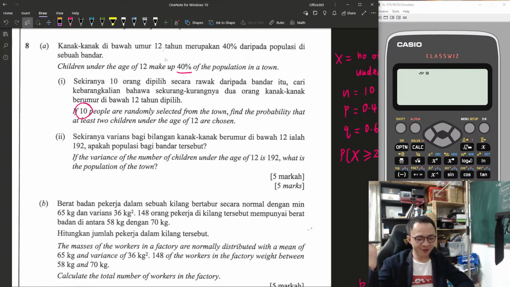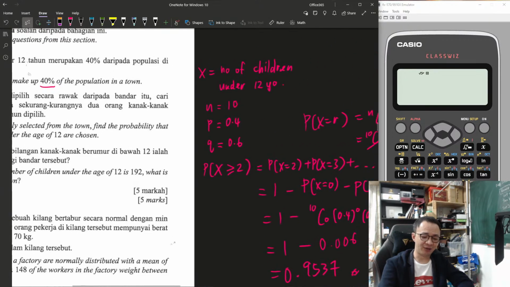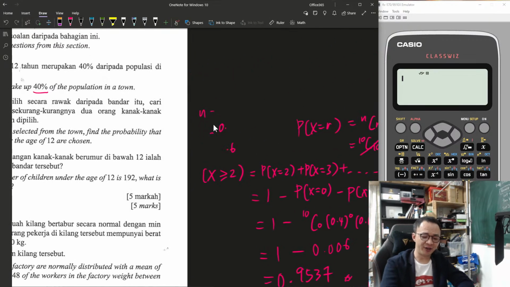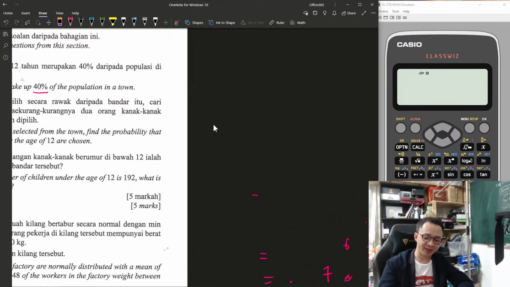They say if the variance of the number of children under the age of 12 is 192, what's the population of the town? This one is actually very easy because all of us know variance for binomial is basically npq, isn't it? So variance in this topic is npq. So variance 192 is npq. I know the p is 0.4, I know the q is 0.6.